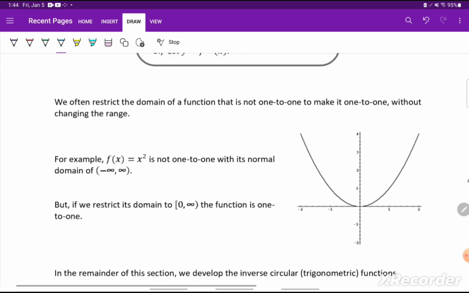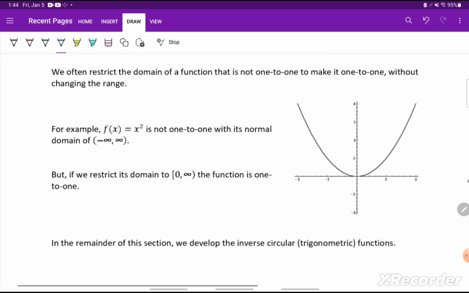We often restrict the domain of a function that is not one-to-one to make it one-to-one without changing the range. For example, I have f of x equals x squared graphed to the side. This is not a one-to-one function with its normal domain of all real numbers. It fails the horizontal line test.